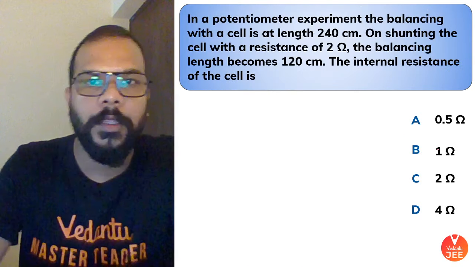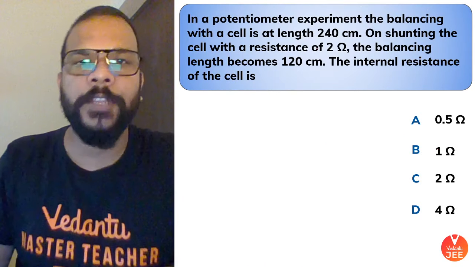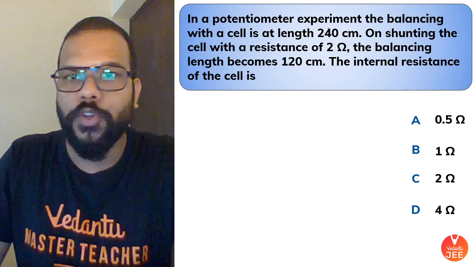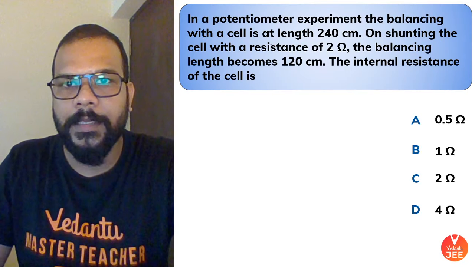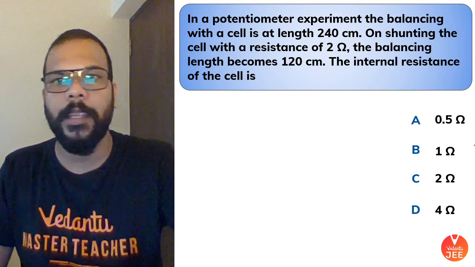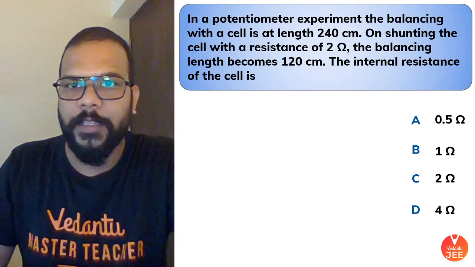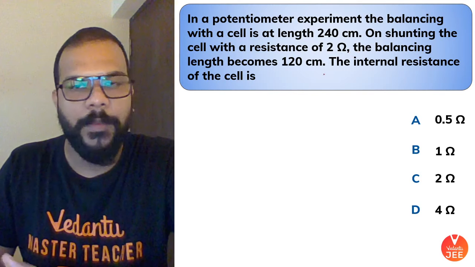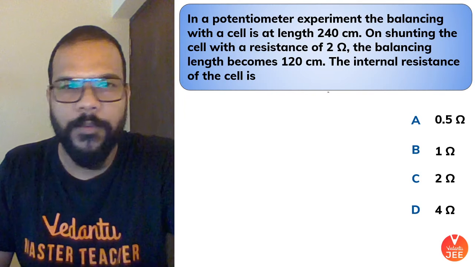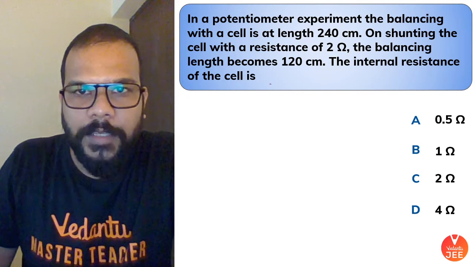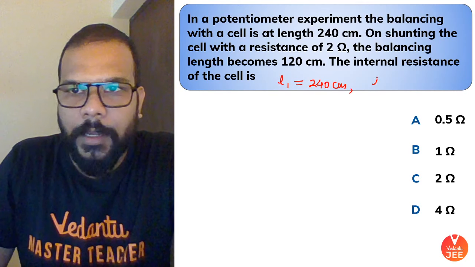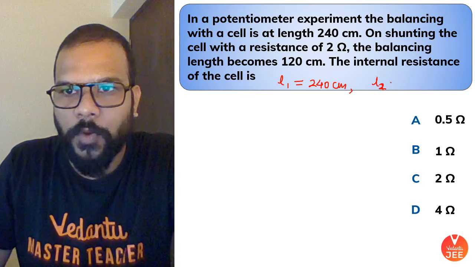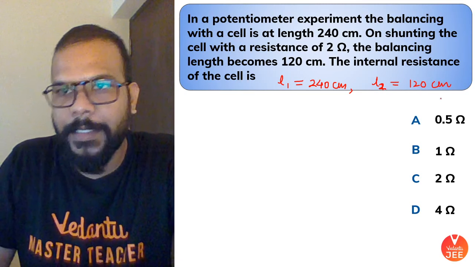Okay, everyone? Cool. Now this one says that in a potentiometer experiment, the balancing with a cell is at length 240 centimeter, and on shunting the cell with a resistance of 2 ohms, the balancing length will become 120 centimeters. So we have to find the internal resistance again. What is given to us is L1 equal to 240 centimeter and L2 is 120 centimeters.